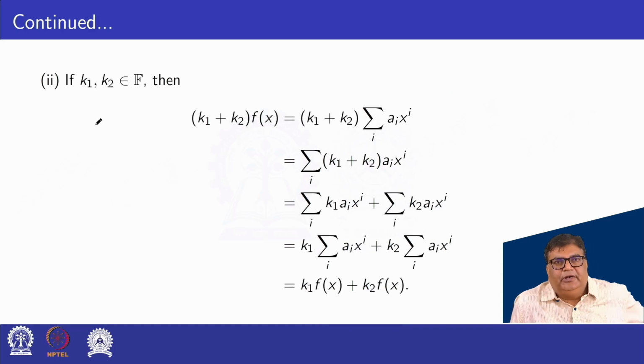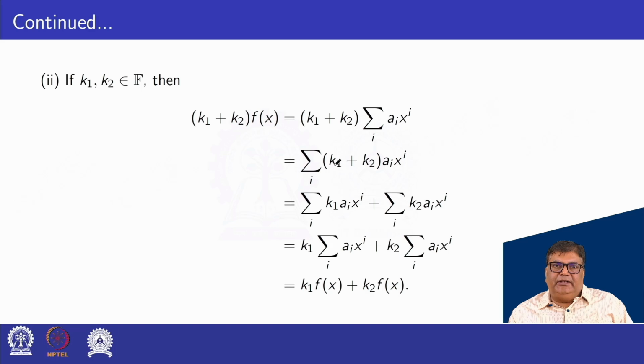And the second property of external composition: (k1 + k2) f(x), that is addition of two scalars multiplied with a vector. So (k1 + k2) times the summation of a_i x^i, the value of f(x), equals the summation over i of (k1 + k2) a_i x^i.